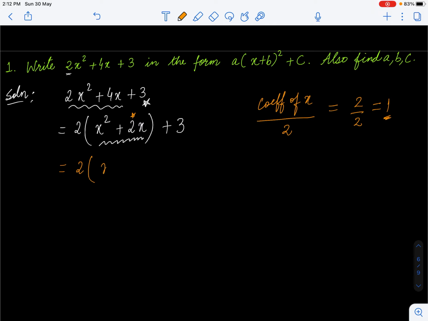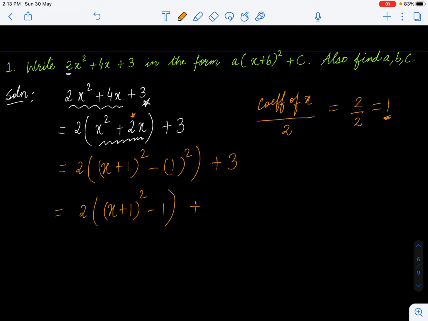So I will write 2 times x plus 1 whole squared minus 1 square plus 3. And now we are going to simplify this. So this is going to be 2 times, in brackets, x plus 1 whole square minus 1, because 1 square is 1, and this is plus 3 outside.